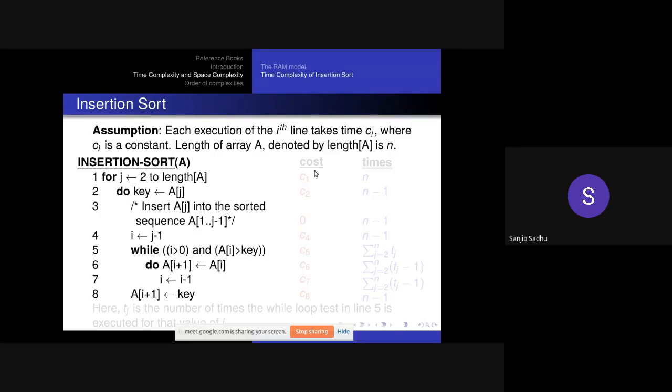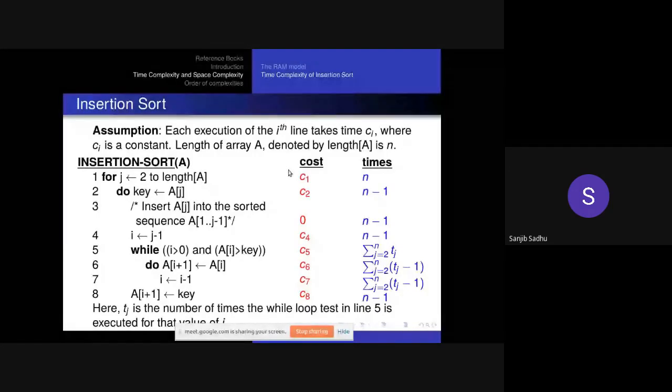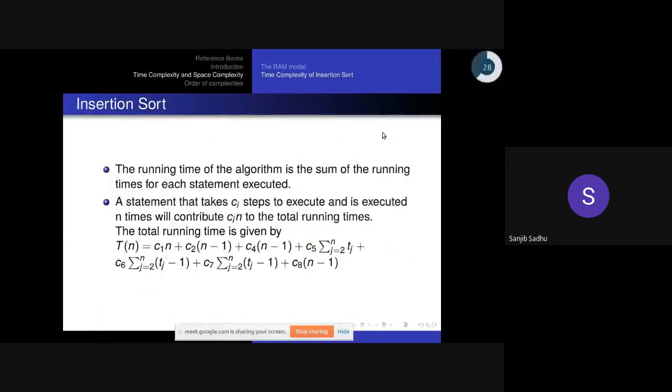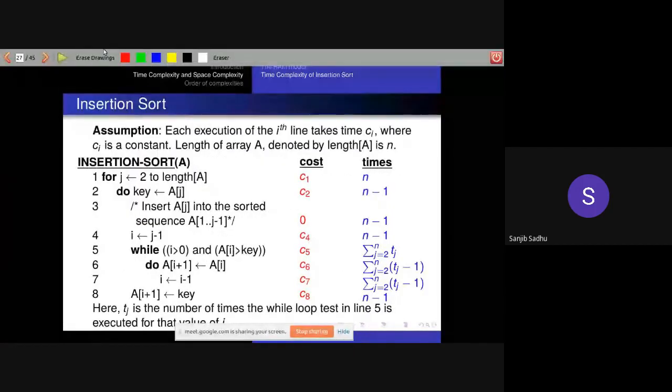So this is the algorithm, and we are assuming the cost of each statement is c1, c2, c3, like that, and the time required depends on how many times this statement is executed. Okay, how many times is this first line executed? n times, then n minus 1 times for the next statement, like this.